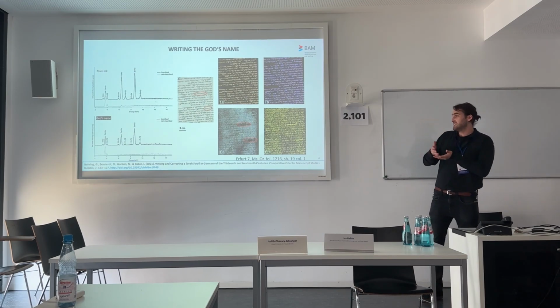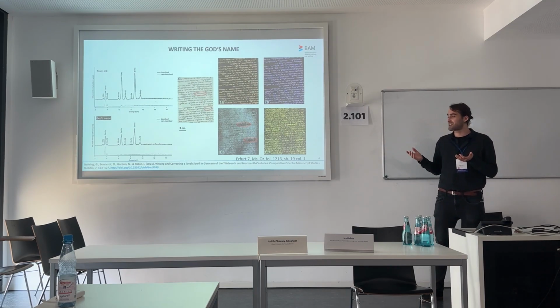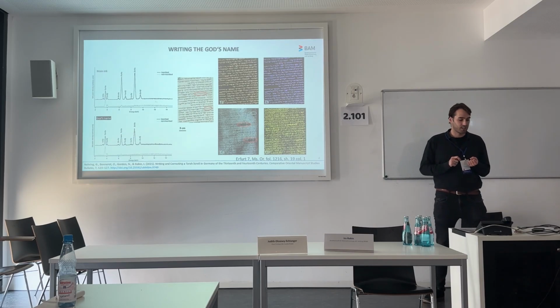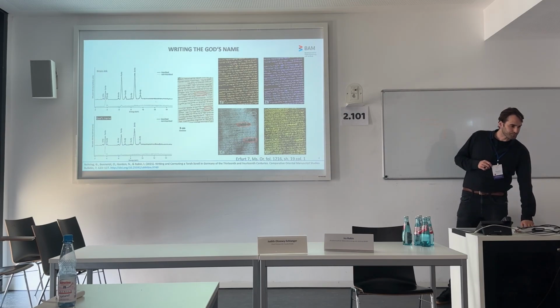Our hypothesis is that a master scribe was correcting the scroll, and while correcting it, also filling in the missing names of God. In this case, a clear example that those were added.